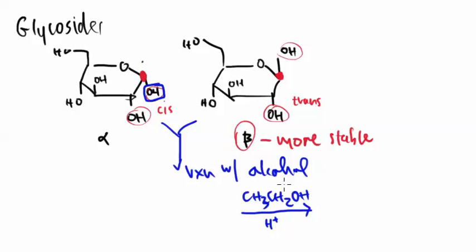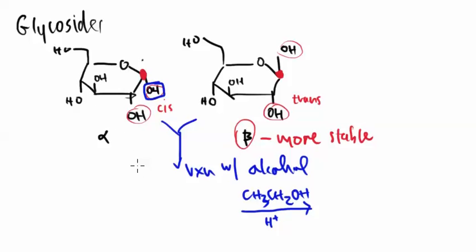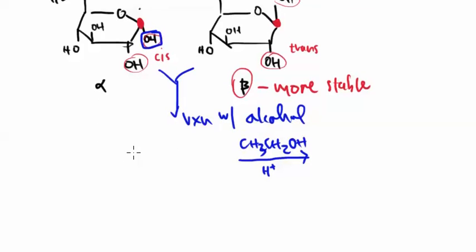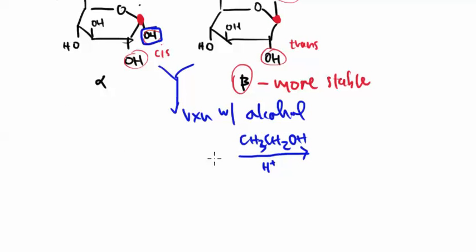So when I take these sugars and I react them with ethanol or an alcohol, methanol, ethanol, isopropyl alcohol, it doesn't matter. But when I take these sugars and I react them with an alcohol, I get a new product that forms. And what happens here is just a true blue substitution reaction.